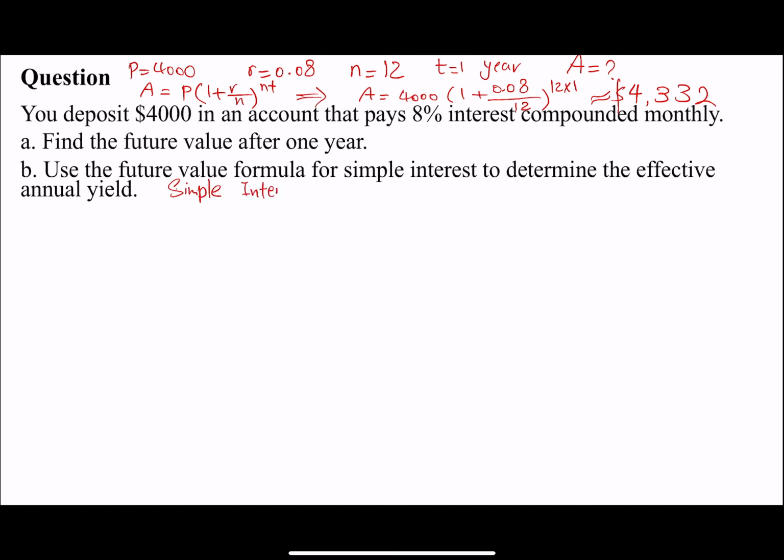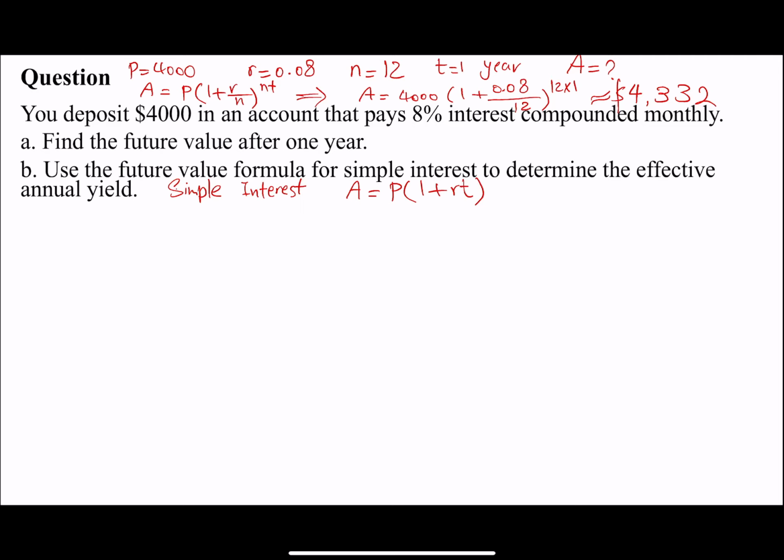I know that in the simple interest option, the future value is equal to principal times 1 plus RT. I want to get the same future value, so I plug in 4,332. Principal is the same, 4,000. T is 1 year. Then I can find R. The answer is the effective annual yield.